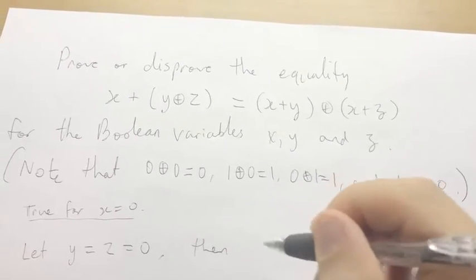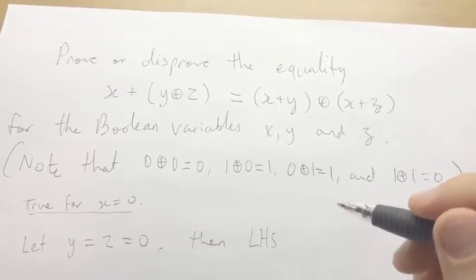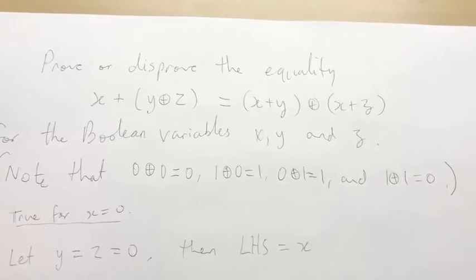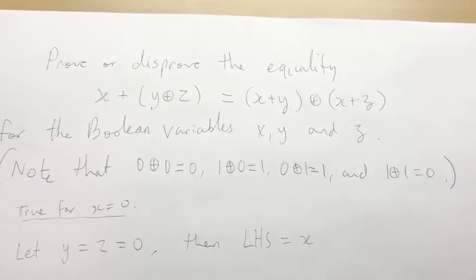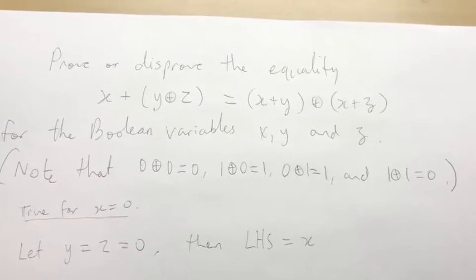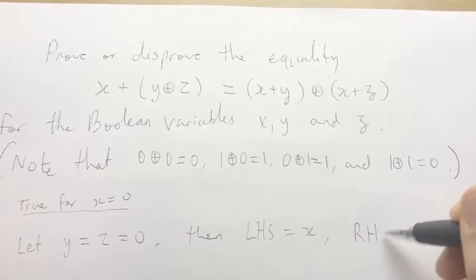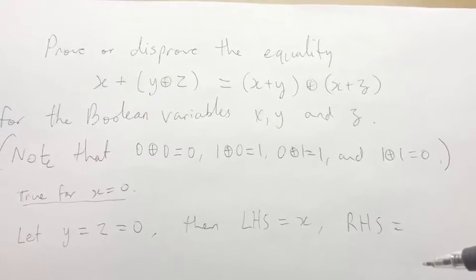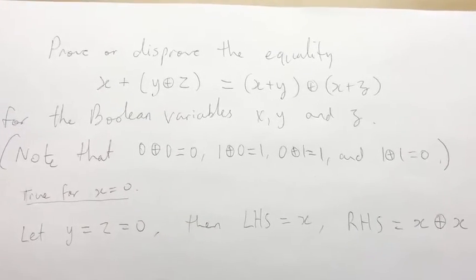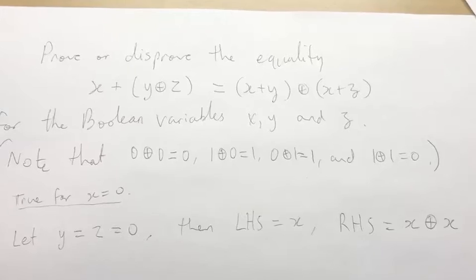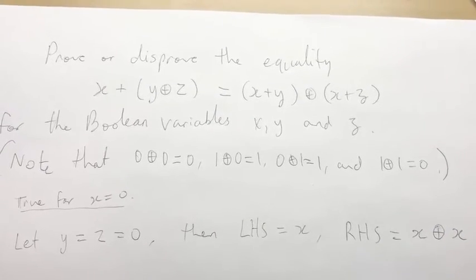So if you let y and z be 0, then the left hand side should be just x, if we interpret the plus in a suitable way. And the right hand side? Well, it's x ⊕ x, which is a problem.